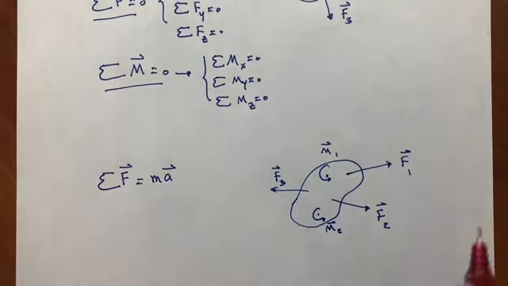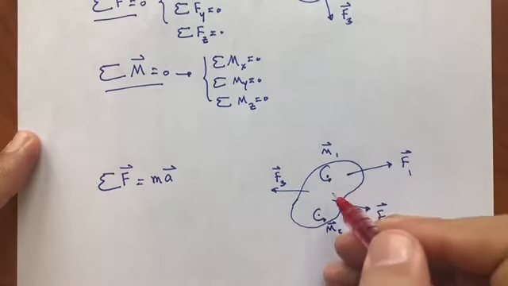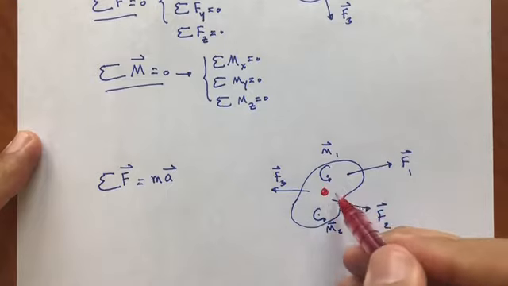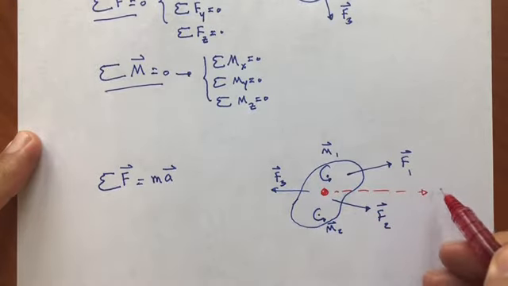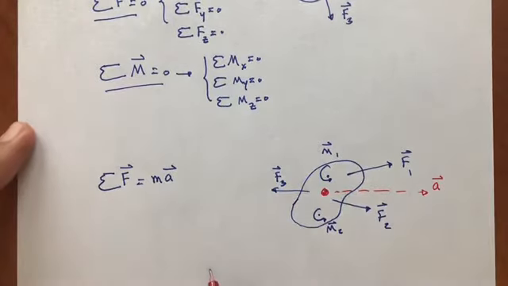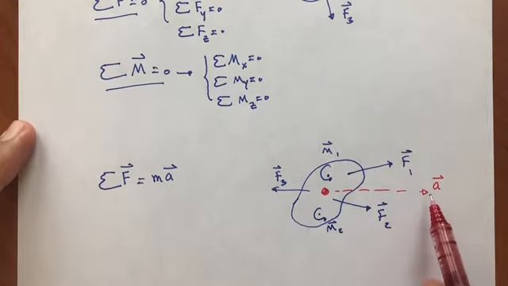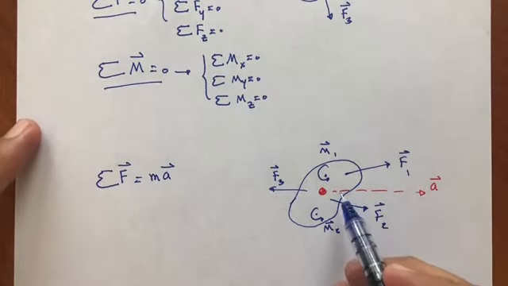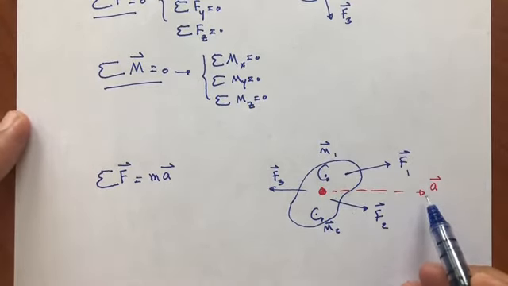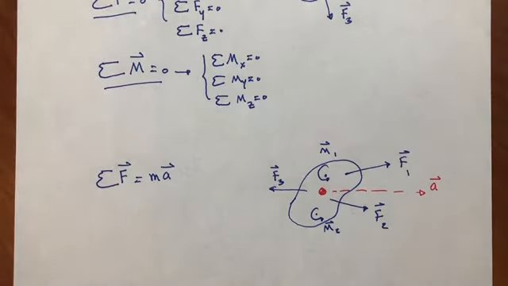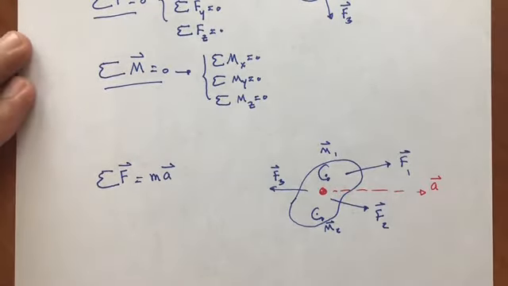So if we have this, for example, rigid body, and let's say the centroid of it is here, and this centroid is going to have an acceleration which is not equal to 0, like a static condition, right? So in general, it is not equal to 0. It can be anything. Sum of the forces is going to be in the direction of that acceleration, and more accurately, sum of the forces is equal to mass times acceleration of the centroid.